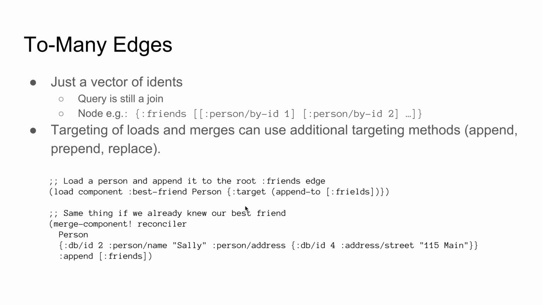And then the same thing if we already knew our best friend, we could merge a person, Sally with this address, and append that to friends at the root node. So this pretty much gets you any kind of graph manipulation that you want if the data that you're getting is coming in the shape you need it, and typically it will be because you're using a component local query which defines that subtree of data for merging.